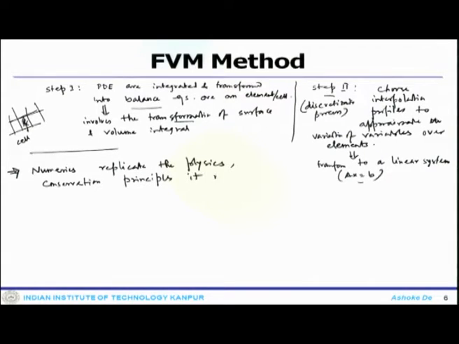So two important things that come along with it are that the numerics actually replicate the physics along with the conservation property. Your governing equation variables that you actually transform are sort of conserved.